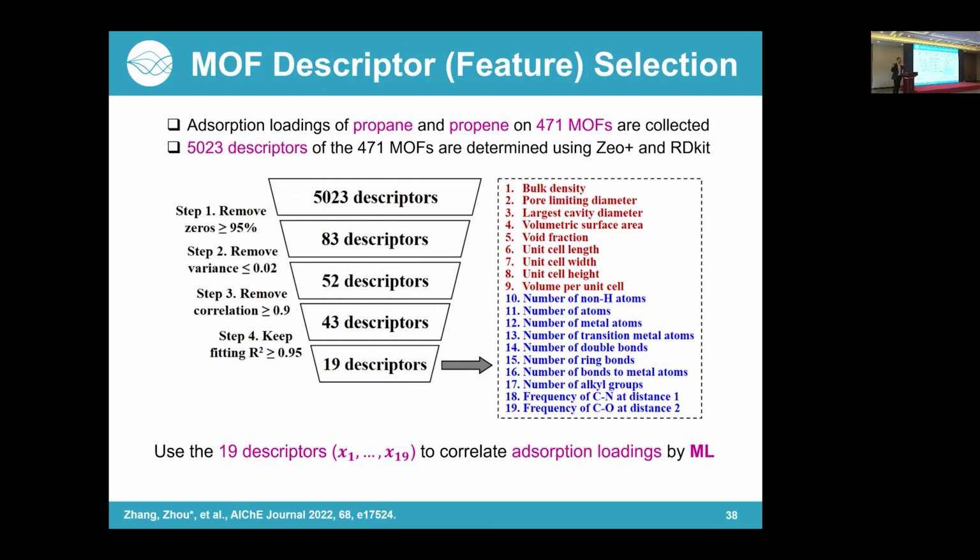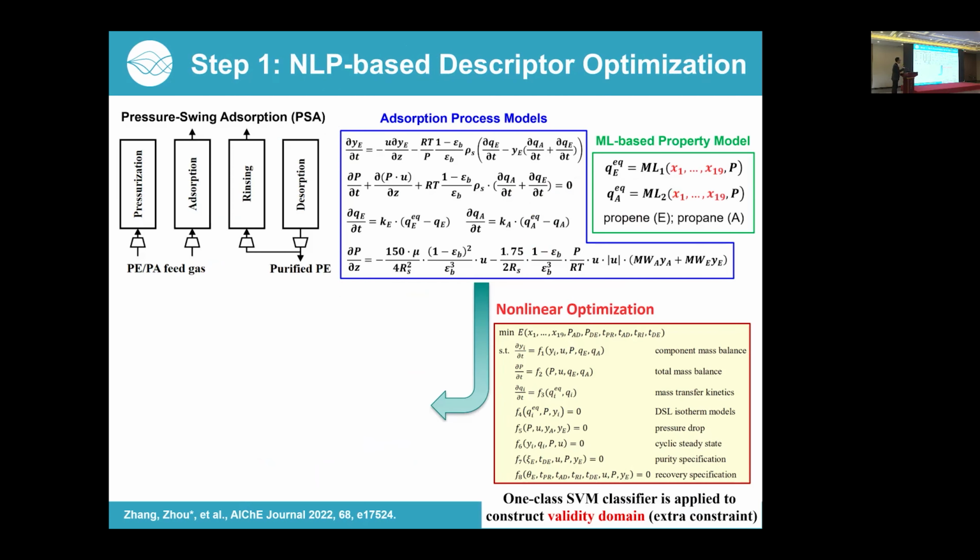So this is the magic of computation, right? And then we use these 90 descriptors to build a machine learning model, and then we directly predict the adsorption loading. Then we substitute this adsorption loading into a pressure swing adsorption model.